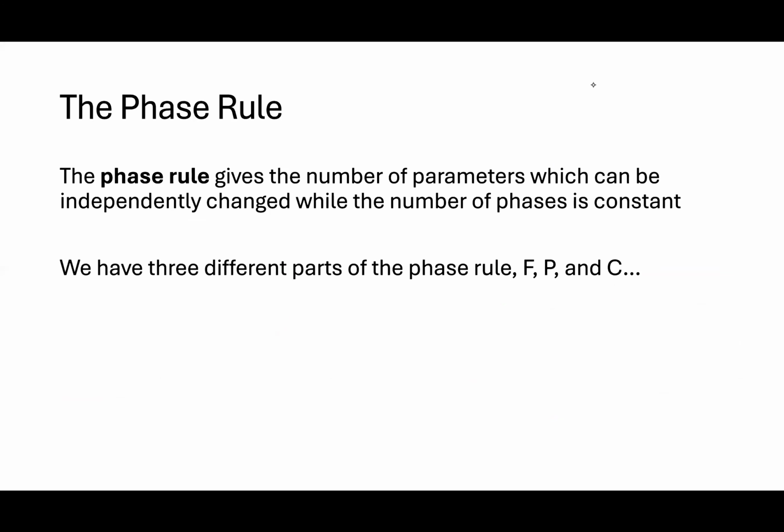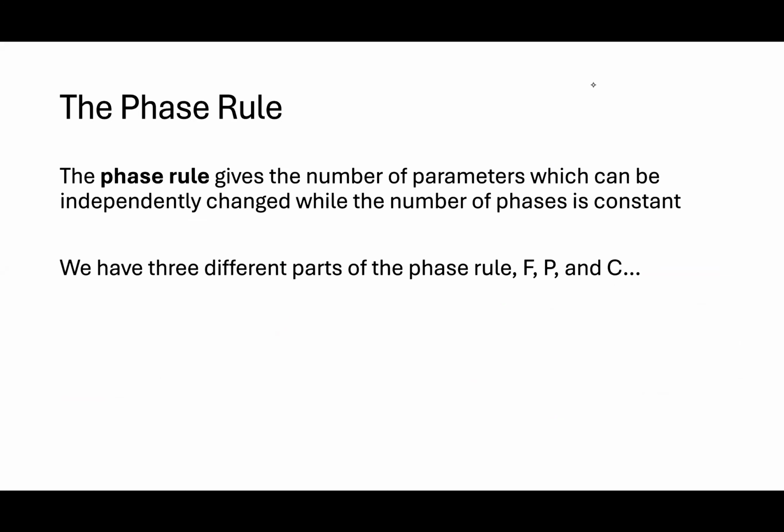So one of the very interesting parts of this particular section is going to be the phase rule, developed by, oh, who was it? Let's see. Well, we'll see anyways. Phase rule developed by one of our previous scientists that we've seen before in this course.